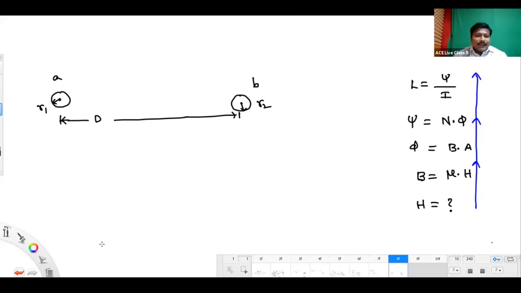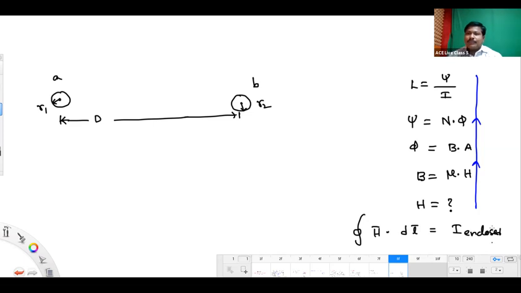See what Ampere's circuital law will tell you. Simple, I am writing that here. Circular integral H bar dot dl bar is equal to current enclosed. Circular integral H bar dot dl bar is equal to the current enclosed in the circle we have chosen.